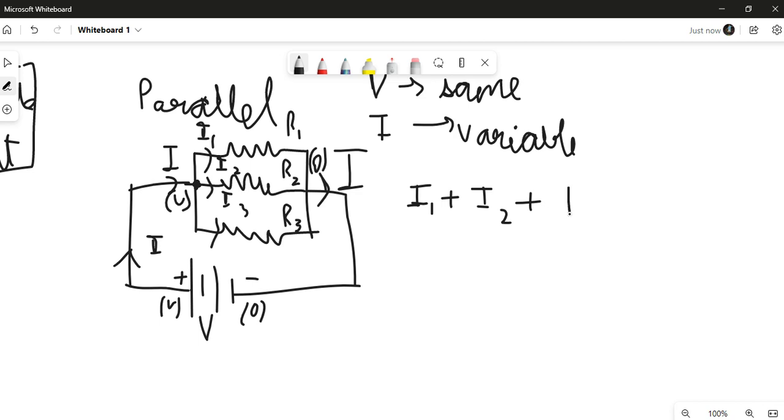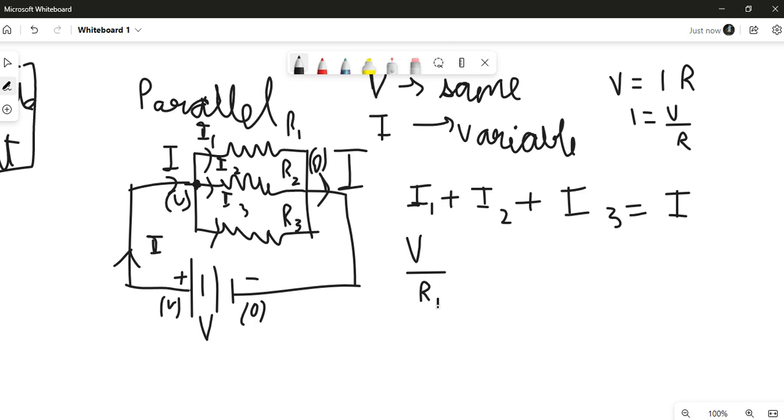So I1 plus I2 plus I3 equals I, right? And we know that V equals IR. So I equals V by R. Agree? Now, I1 is basically V by R1, right?